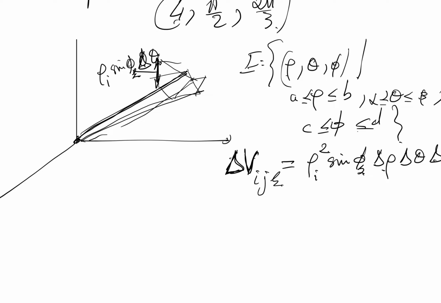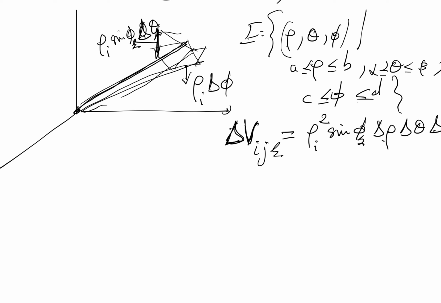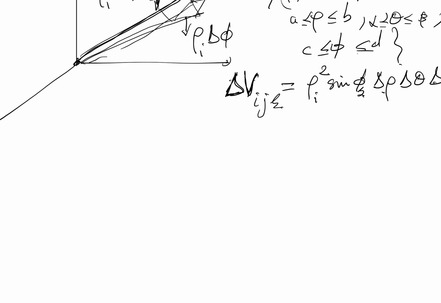It's a rate of change of the theta. And that distance is just rho i delta phi. So if you multiply them, you have rho squared i and sine phi k. That's where it comes from.